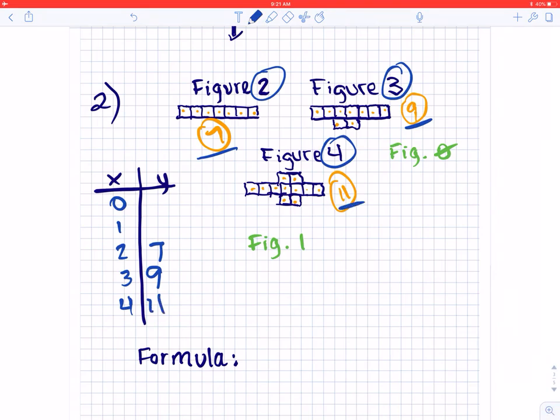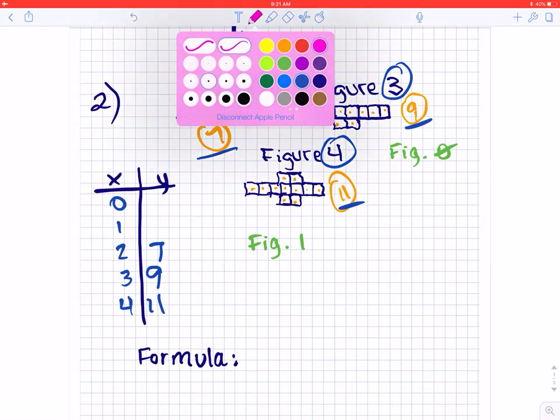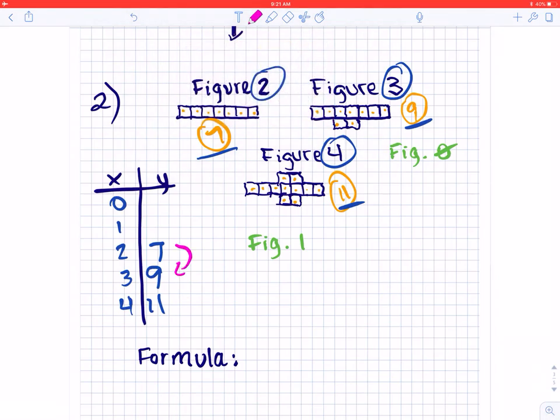How is my pattern changing? 7 plus 2 is 9, 9 plus 2 is 11, so if I'm going backwards and subtracting 2, I would get figure 1 has 5. Going backwards and subtracting 2, I have figure 0 has 3. So for my figure 0, I need 3 tiles. And for my figure 1, I need 5.